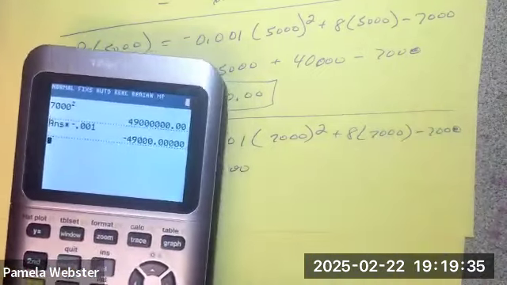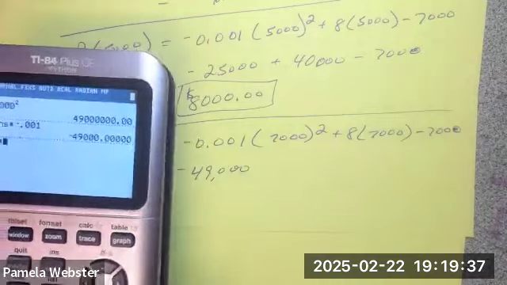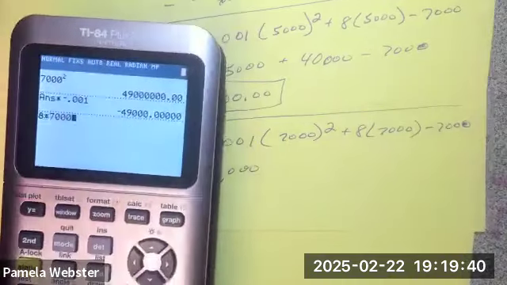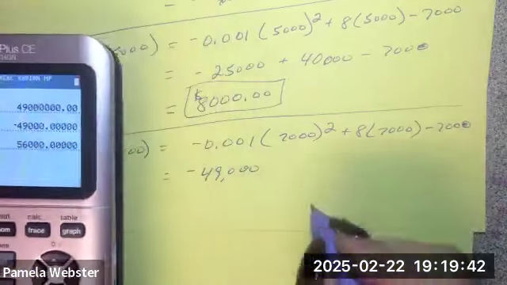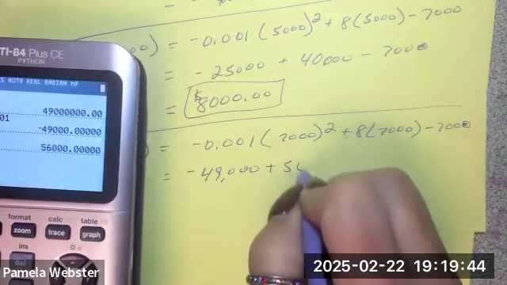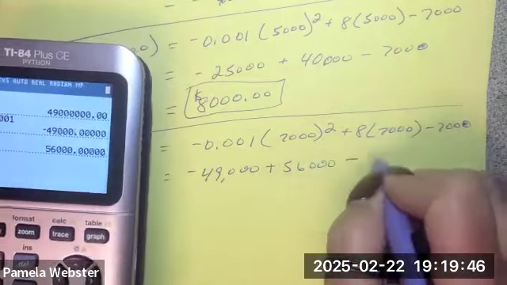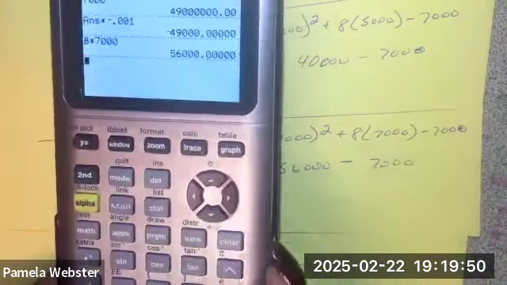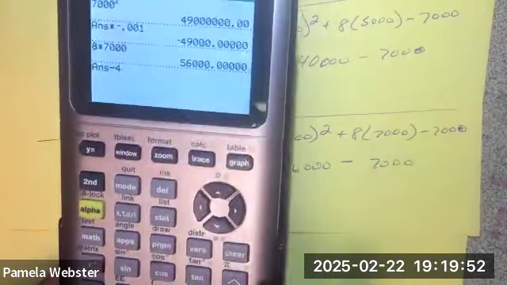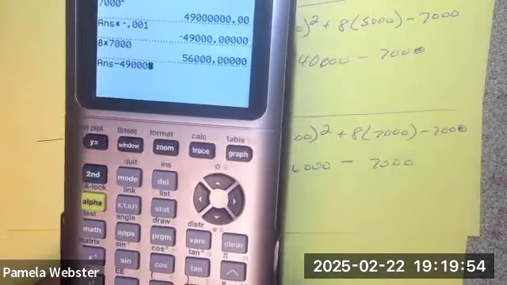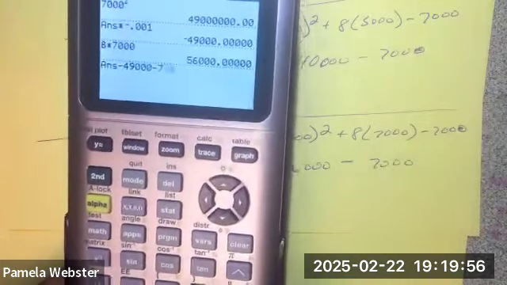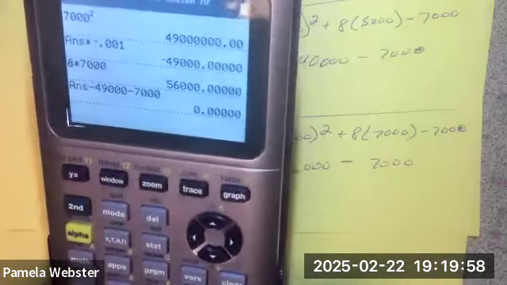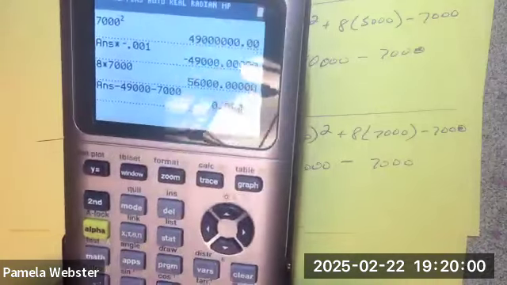And then 8 times 7,000, 56,000, right? Minus the 7,000. All right, so let's see what we got. 56,000 minus the 49,000 minus the 7,000. Uh-oh, what happened?